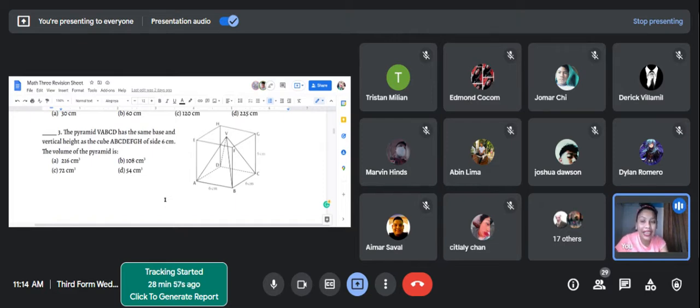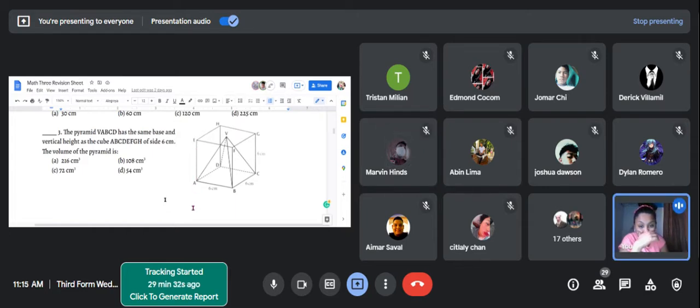And what kind of pyramid is this? Square base pyramid, Miss. A square base pyramid. Very good. A square base pyramid. What is the formula for a square base pyramid? Length times width times height over 2.